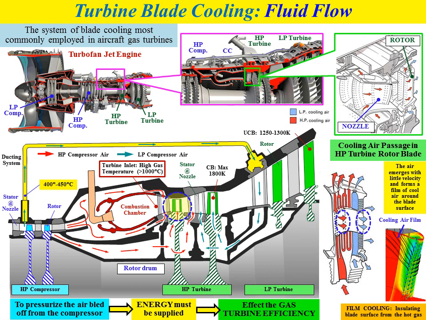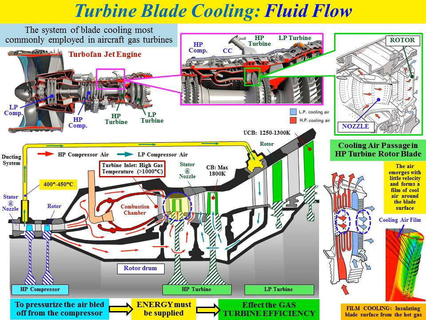And the air emerges with little velocity and forms a film of cool air around the blade surface, as shown in the figure. So this process will form a cooling film surrounding the blade and act as insulation, insulating the blade surface from the hot gas, and the temperature of the blade will reduce as shown in the figure.